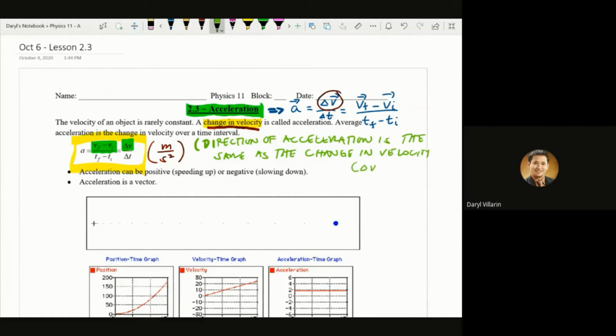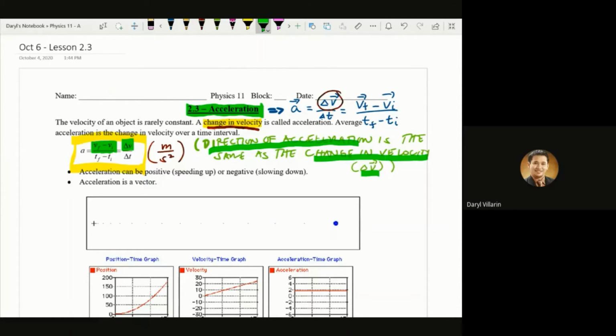Again, it's given by delta V. I just want to emphasize that we're talking about a vector quantity, that's why I placed an arrow on top. So whatever is the direction of your change in velocity, that would also be the direction of your acceleration. So it's not equivalent to the direction of your velocity.